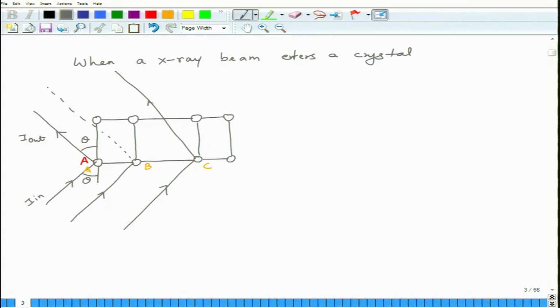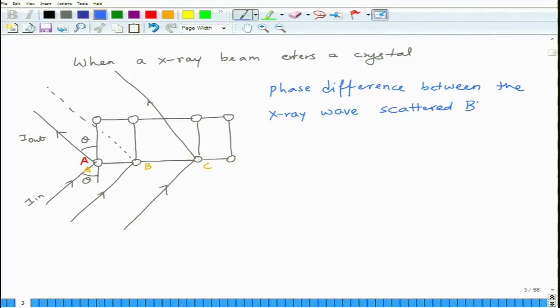So, now I write the phase difference between the X-ray wave scattered by atom A at the origin, and that scattered by atom B, which is at another position.